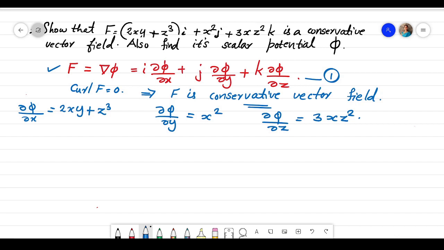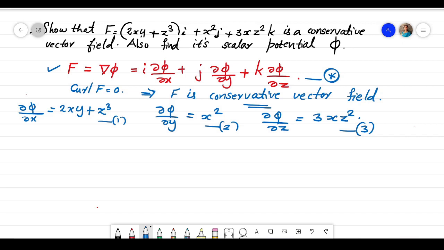Let us take these as equation numbers 1, 2 and 3. We have 3 equations now. Now we are going to integrate ∂φ/∂x with respect to x, keeping y and z constant.